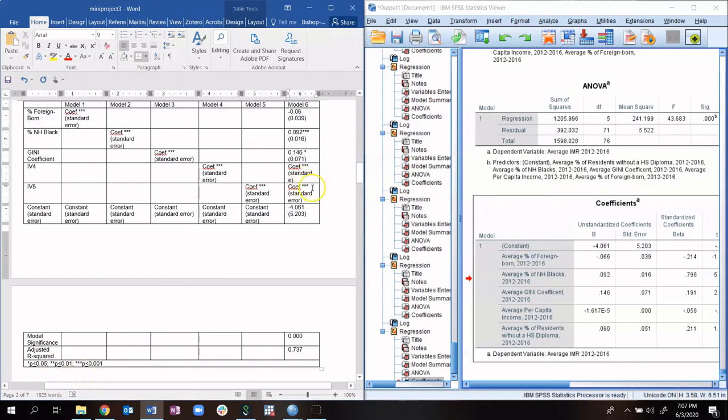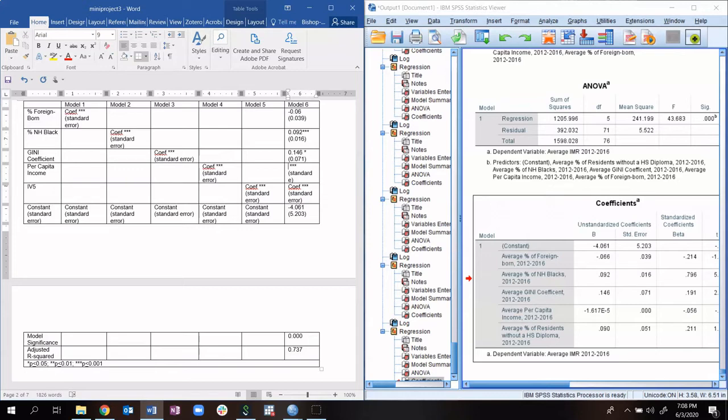All right, and then the fourth variable was per capita income. This coefficient was, oh, it's small. This is a scientific number. You can actually just go to Google and search for whatever this would be, but I just know it's small.